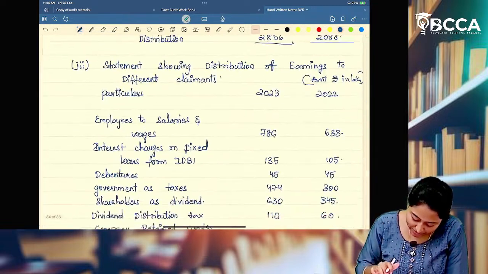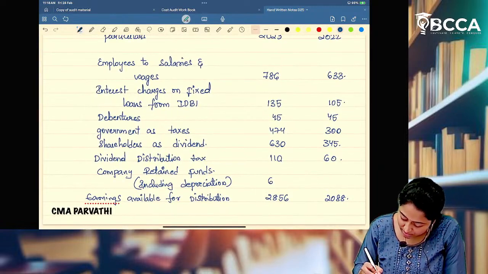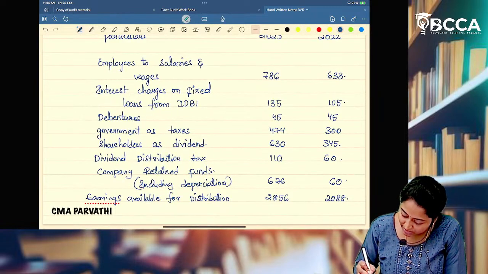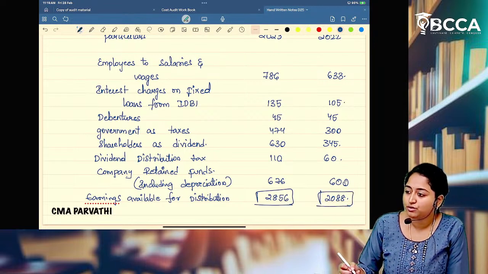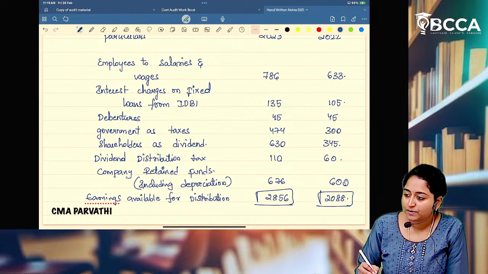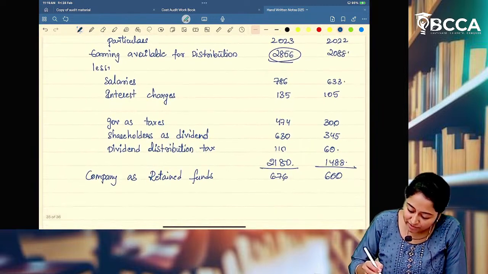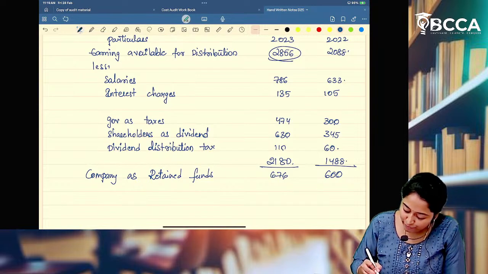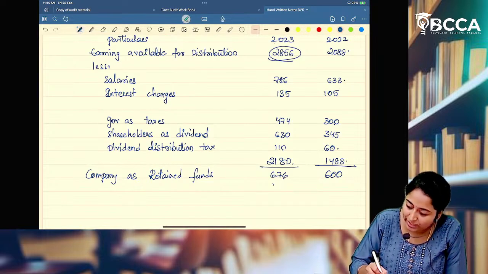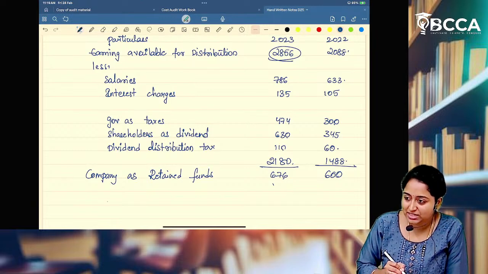And then you will take this company's retained funds here, 676 and 600, and you have to get this total of 2856 and 2088. Are you getting this total? After adding all this, you have to get this 2856. Okay? Then that is company's retained funds. Clear?